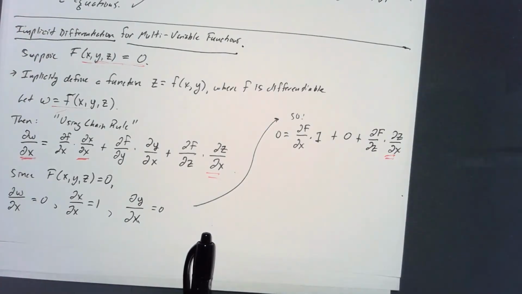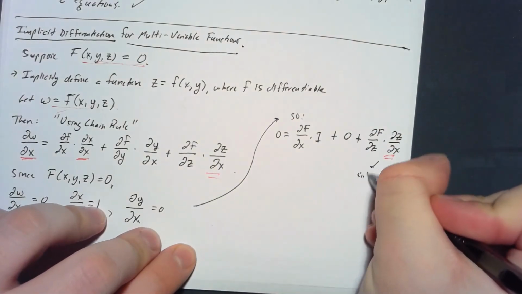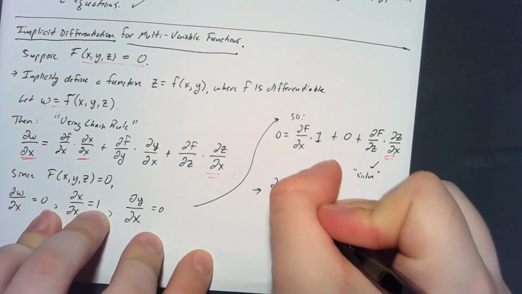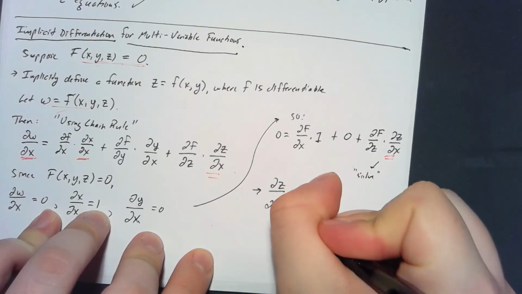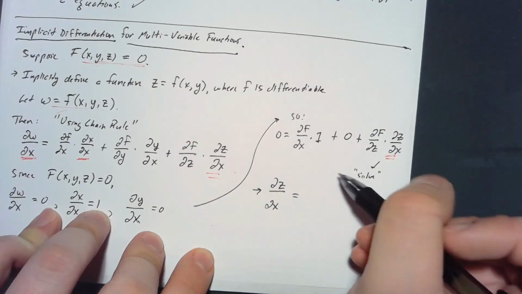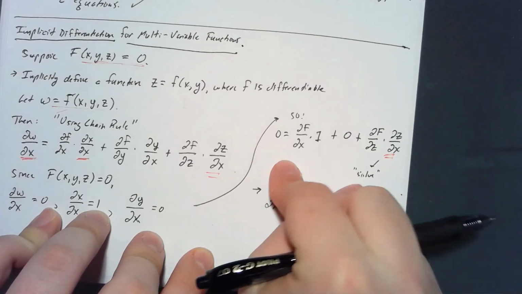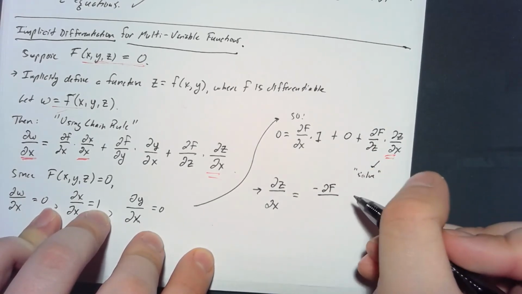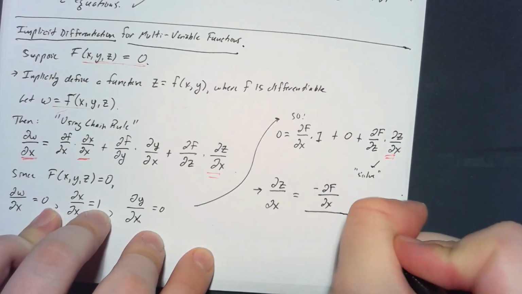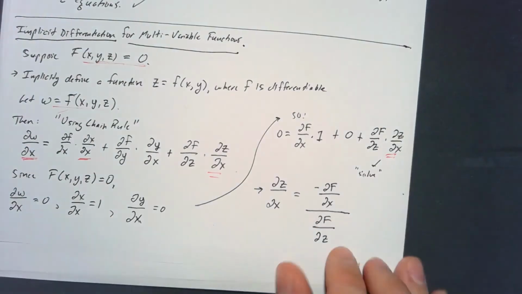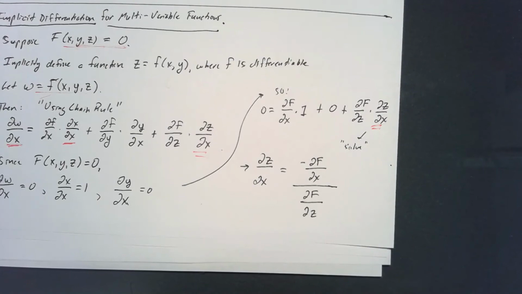So when I do that, I get the derivative of z with respect to x equals, and this is just algebra, you subtract this over here and divide by this, and you get negative partial of f with respect to x all over partial of f with respect to z. Or I could write that in a much nicer way.